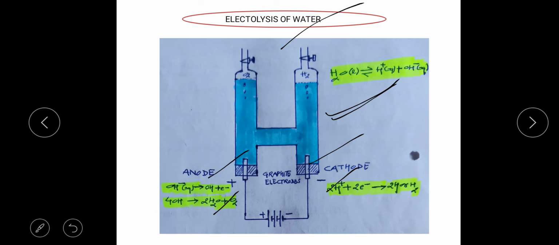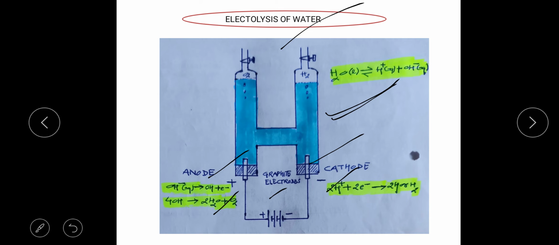These electrodes are made of graphite. So when you pass electricity through water which is slightly acidified or made alkaline, you know why? Because pure water doesn't conduct electricity. So we have to make it a little alkaline or acidic so that its ionic product increases and it starts conducting electricity.